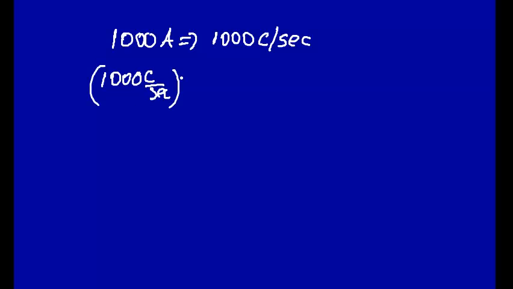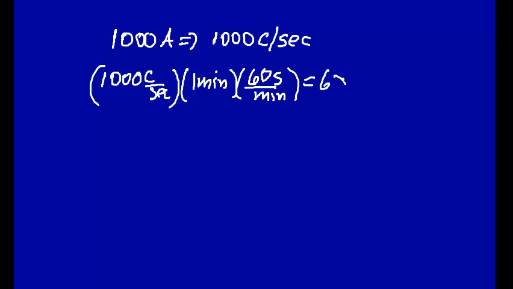And we pass that through 1 minute. And I vaguely recall that there are 60 seconds per minute. So that comes out to be 6 times 10 to the 4th coulomb. That's how much charge we pass through there.